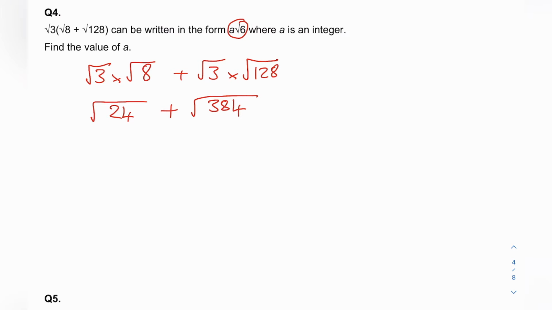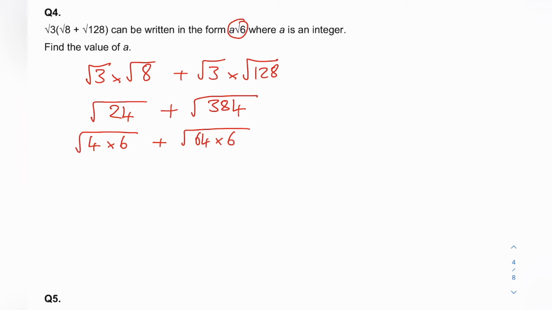This gives you a bit of a hint as to how you're going to simplify your surd. So if you struggle to spot a square number which is a factor, you know that you're trying to make it something multiplied by this 6. So now 4 times 6 is 24, and 4 is a square number, and 384 divided by this 6 told you that you had 64 here.